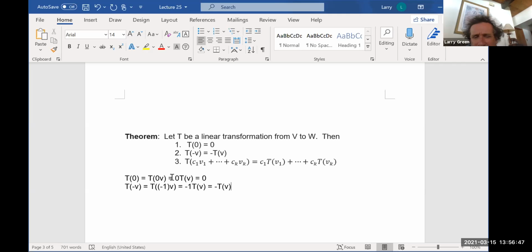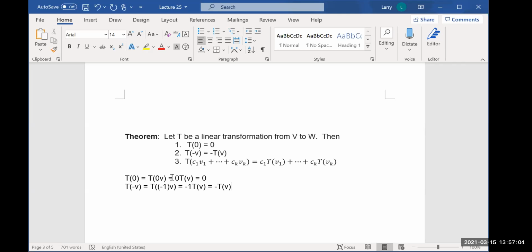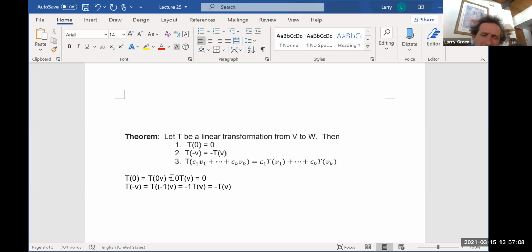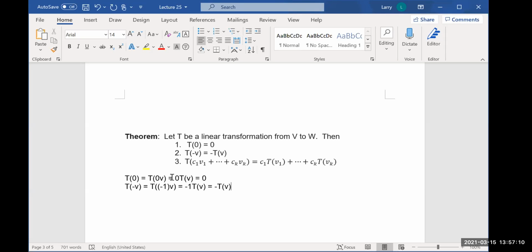I think I'm not going to prove number 3 because this is a lot of typing, but I'm going to talk about it. In one word, maybe two words, how would you prove number 3? What's the technique? Use the definition, I mean, obviously, but thinking about a technique of proof. Any thoughts?